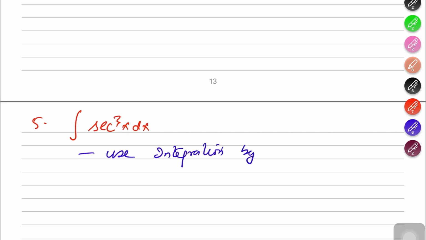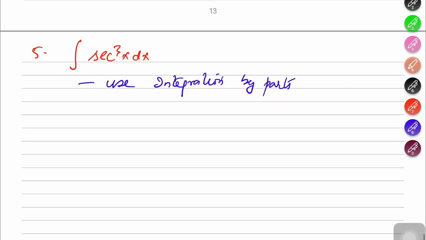So how? We'll break it like this: sec x times sec square x dx. One of the functions we take as the first and the other as the second. So let's say I take sec x as the first function and sec square x as the second. If we want to integrate, we know the integration by parts.